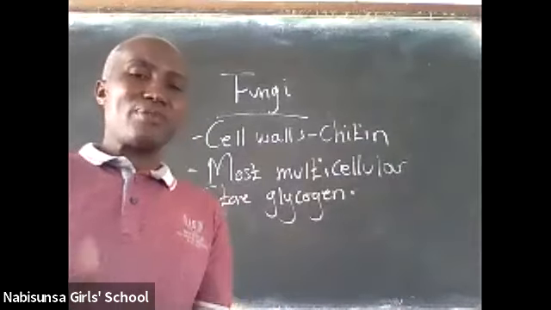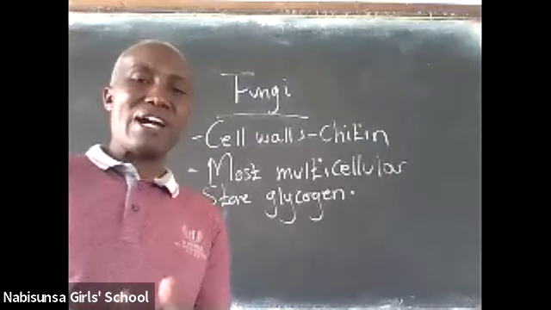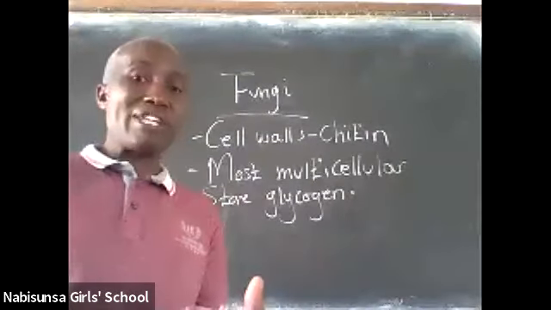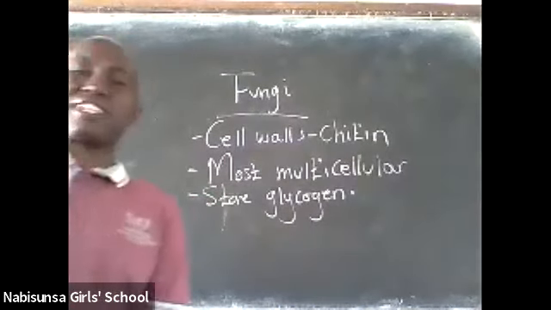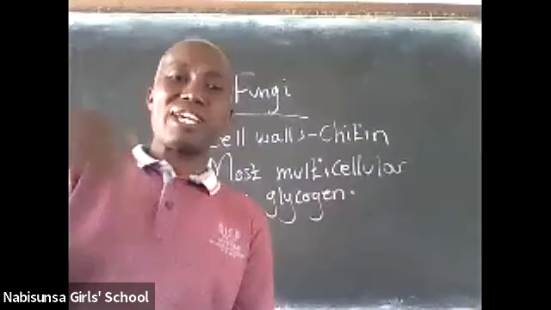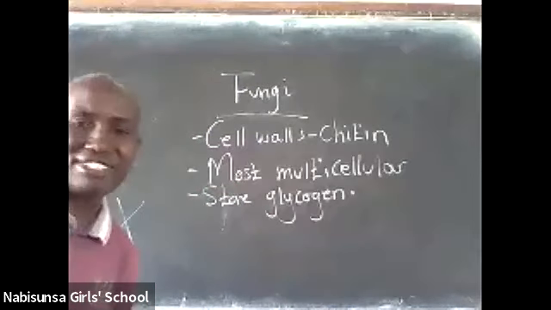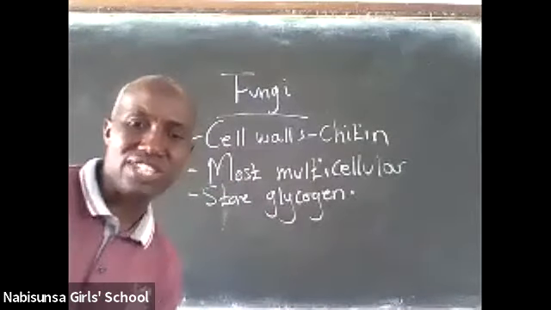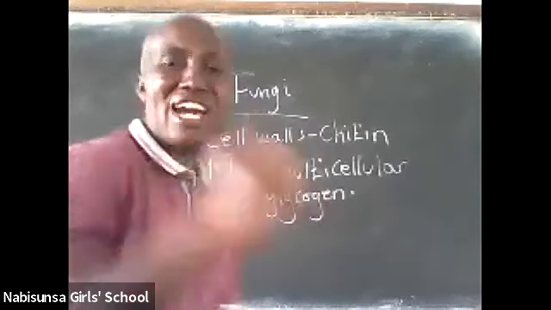Back then, we saw it is the animals that store glycogen, the plants store starch. Do we remember that one? Here we are saying the fungi are just like the animals. They also store carbohydrate in form of glycogen.